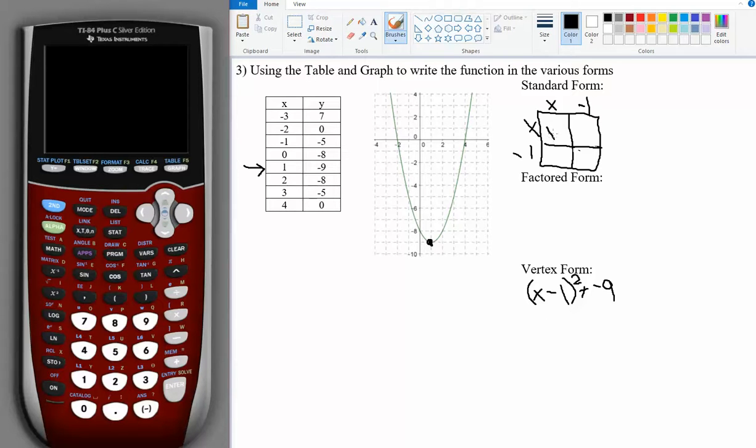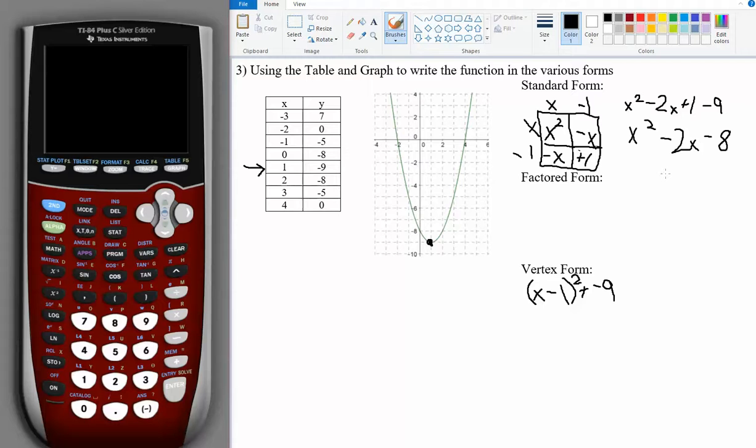So this one is x squared minus x plus 1. So if we simplify everything, x squared minus x, so minus 2x plus 1. But that's not everything. We've got to bring this minus 9 up. So now that we're going to combine like terms, x squared minus 2x minus 8.